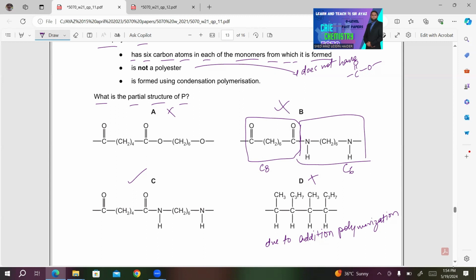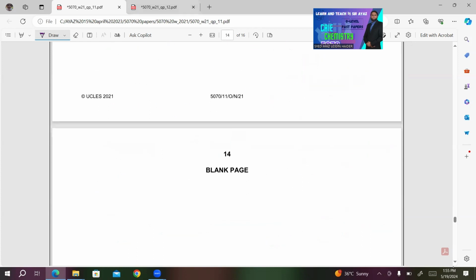Let's see C. In C, you have CH2 4, which means this is one unit, this is the other unit. In this, we have C6. From CH2 4, we have 4 carbon, and on the ends, we are having 2 more carbon atoms. So this must be C6. What about the other monomer? It's also C6. So C must be the right answer in this case.